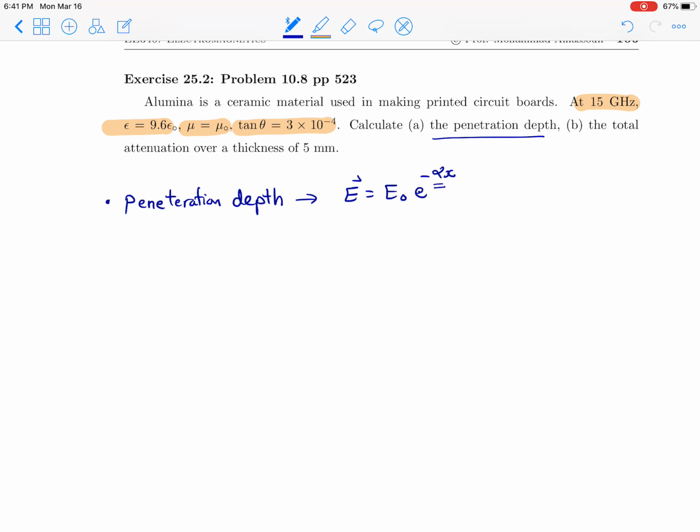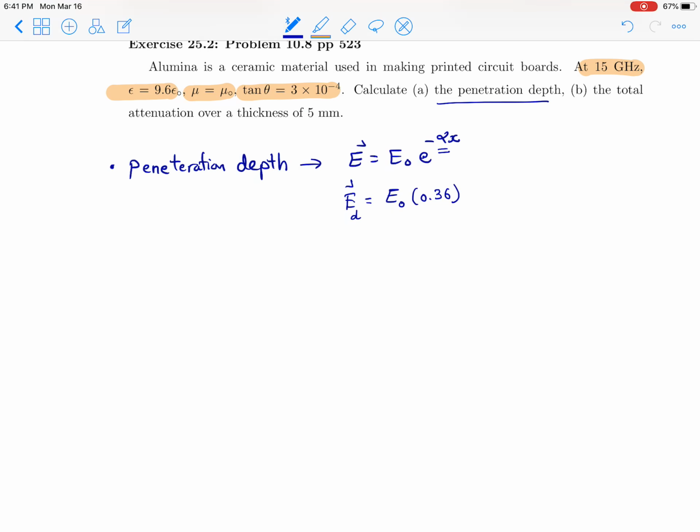We want to find the point at which the magnitude of the electric field will be almost 36% of its original magnitude. That's called the penetration depth, delta. So delta will be 1 over alpha. We want to first find the attenuation constant, and from that we can find the penetration depth.